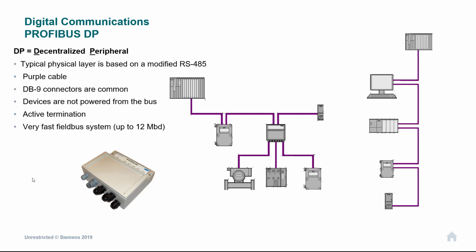We have to be careful with termination. What we don't want to do is leave the end of the network with no termination, because you'll start to get bad communication reflections coming down the cable and it won't work. So we always need this end of line terminator within our design.